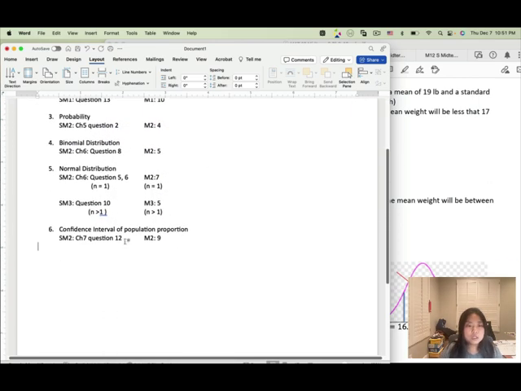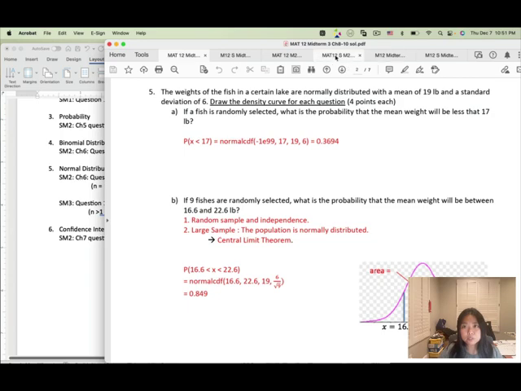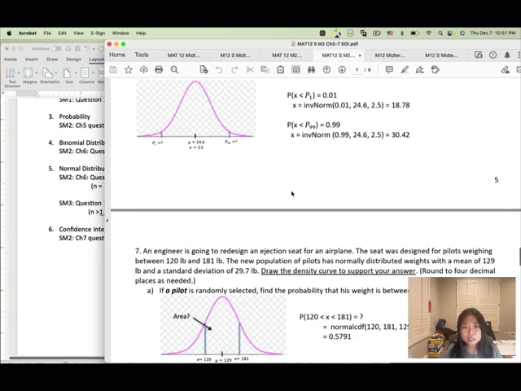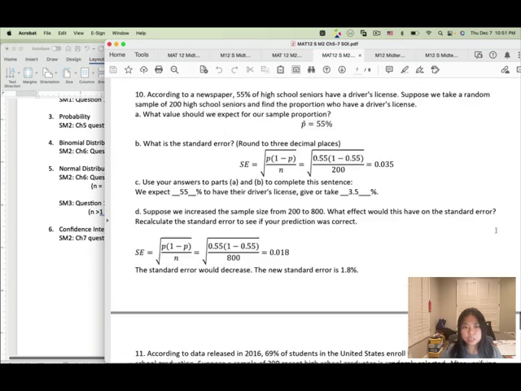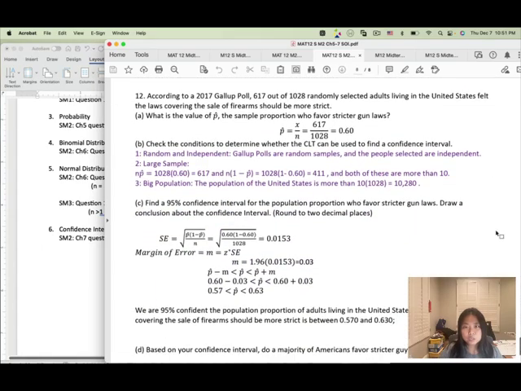Confidence interval for population proportion. So you're going to look at the sample midterm 2, chapter 7, question 12. That will be the last question. You need to know how to find the sample proportion, this formula. And make sure you remember to check the condition.